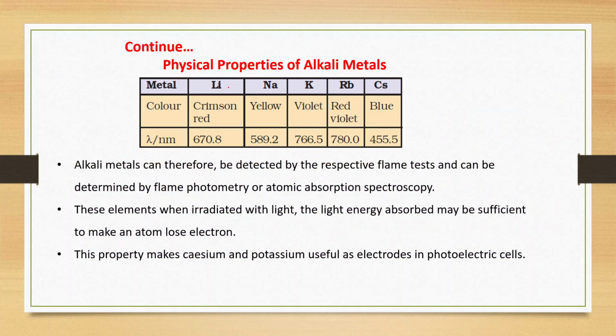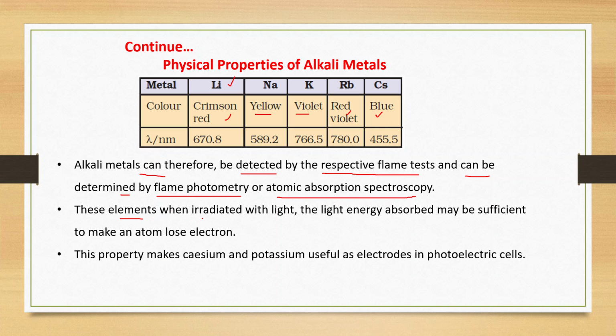Now see, lithium gives crimson red color to the flame, sodium gives yellow, potassium gives violet, rubidium gives red violet and cesium gives blue. Alkali metals can therefore be detected by the respective flame test. With the help of flame test, we can identify these metals in their compounds and they can be determined by flame photometry or atomic absorption spectroscopy.